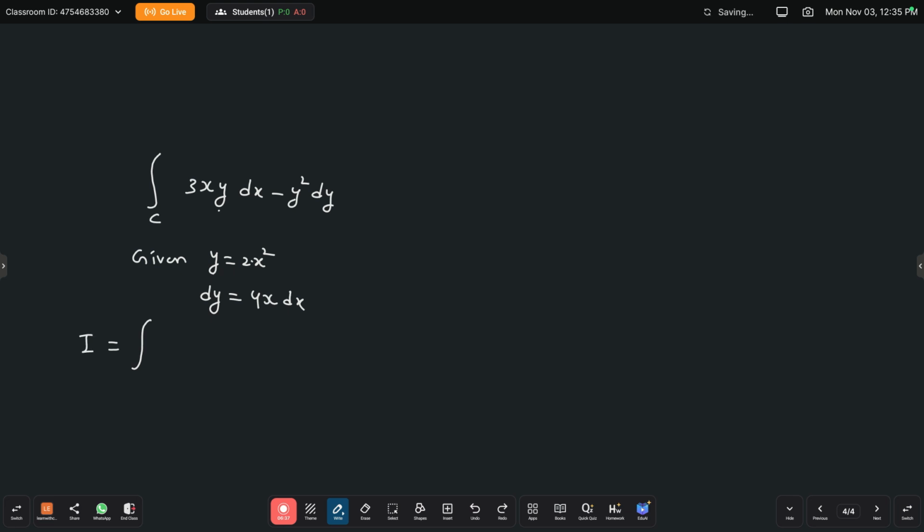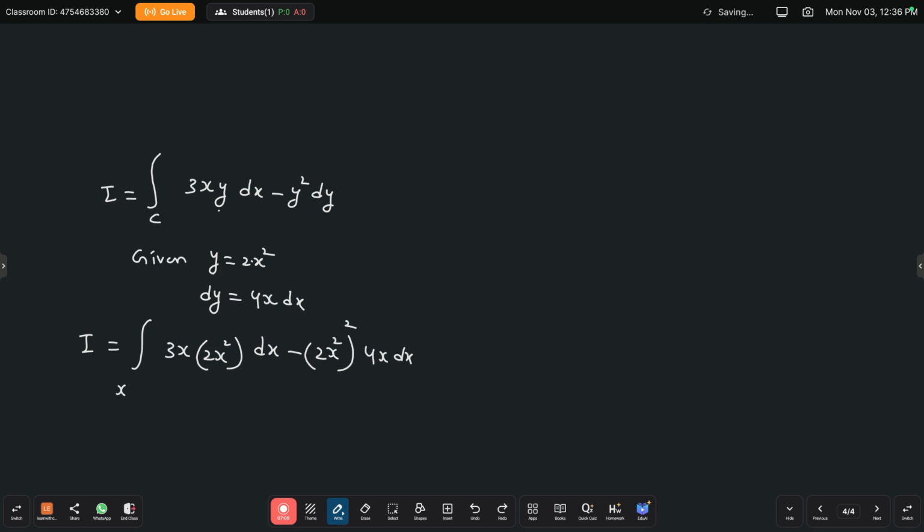You will get the line integral of 3x times y, which is replaced by 2x square, with respect to dx, minus, again what is y here? y is 2x square whole square. And again what is dy here? dy is 4x dx. So from this I observed that the complete integration converts to only one variable, x. It is completely x terms.